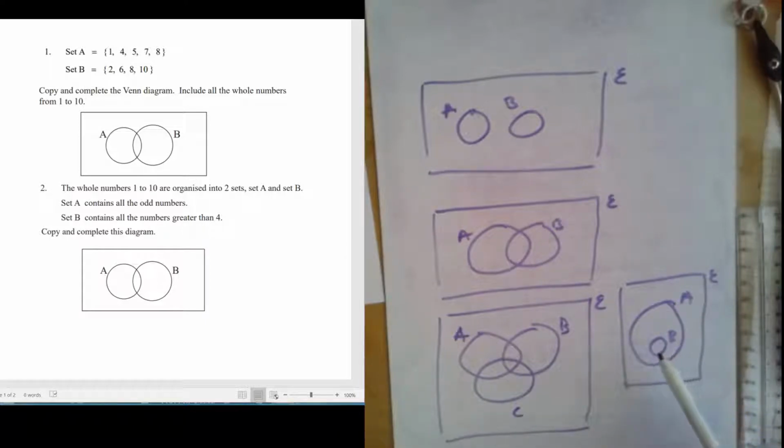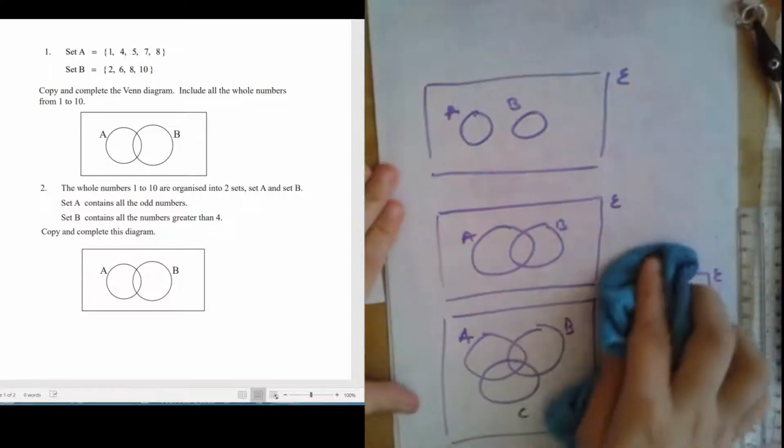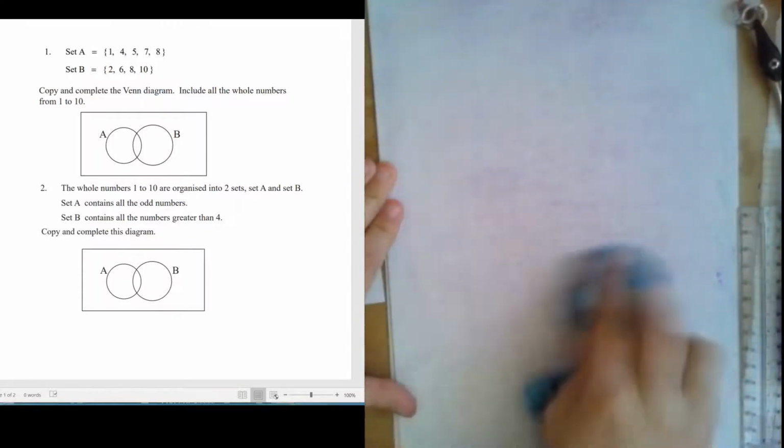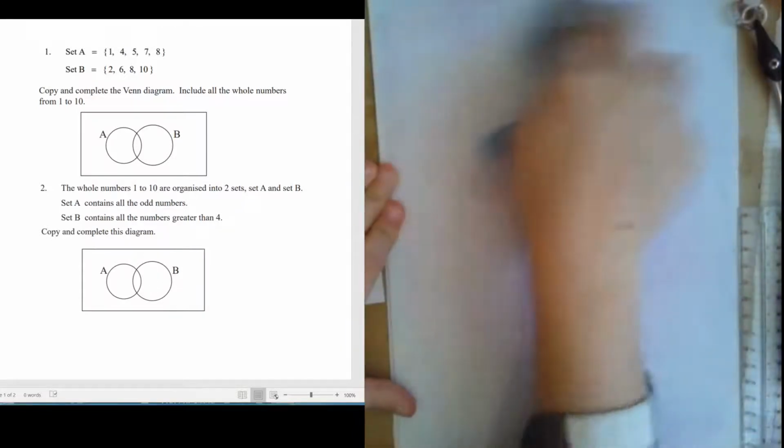So 8, 16, 24, 32, 40, all of these numbers are also multiples of 2. That's why B is contained within set A. Hopefully that makes sense, okay? So I'm just showing that you do have different types of Venn diagrams. But we're just going to go through a few examples, and then I'm going to let you work on the sheet. So have fun.